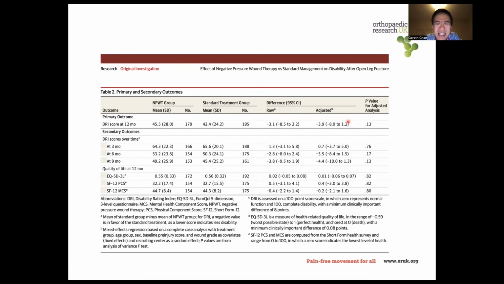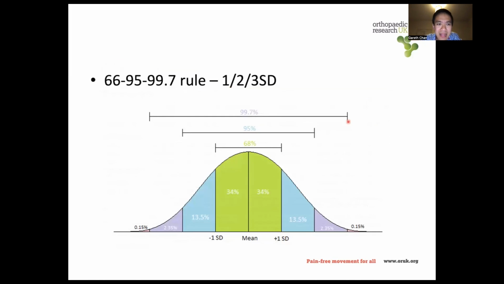But then what is this 95% interval that we're talking about? And this is where our standard deviation comes in, and something called the 68, 95, 99.7, or the 1, 2, 3 rule. It's basically how many standard deviations you are spread about the mean. The greater you spread from the mean, the more standard deviations you include, the more certainty you have that the answer is going to be within that range.